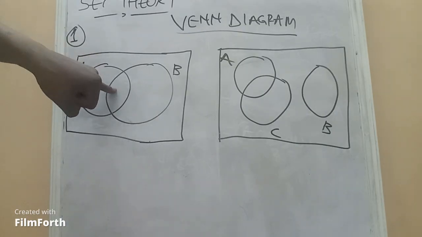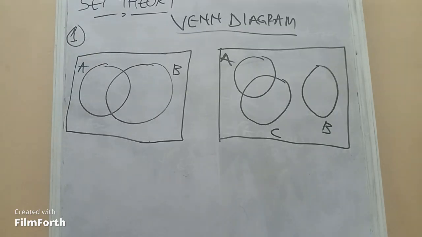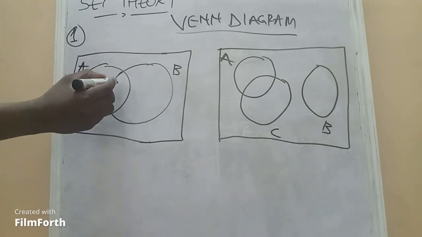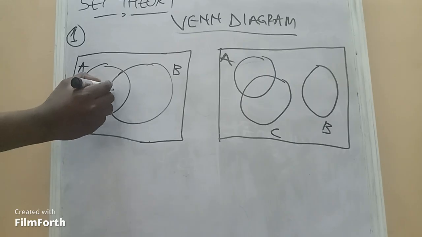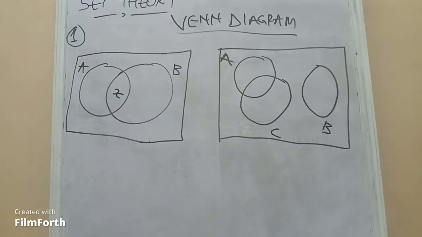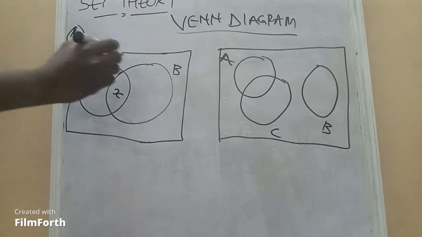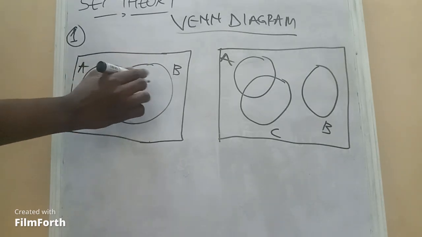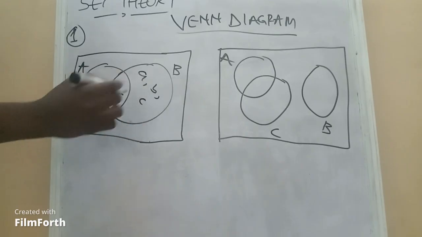It means the circles will cross each other, which means that at this point, any element written here is present in set A and at the same time is present in set B. Do you understand? Which will give us an idea of what the elements in set A or set B can be.